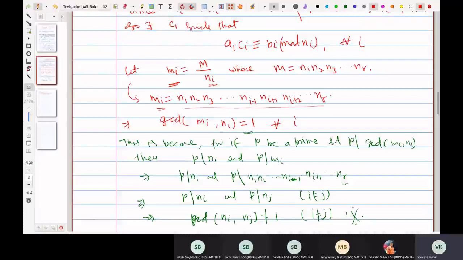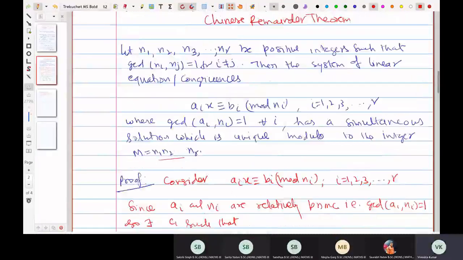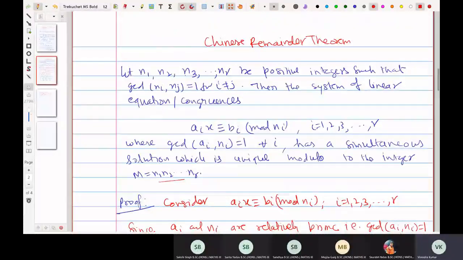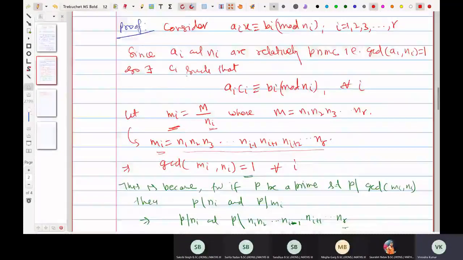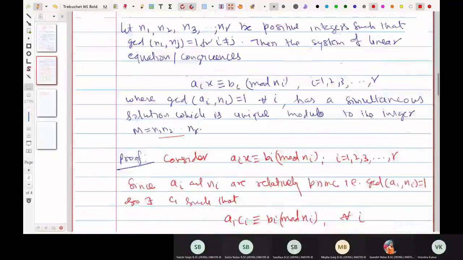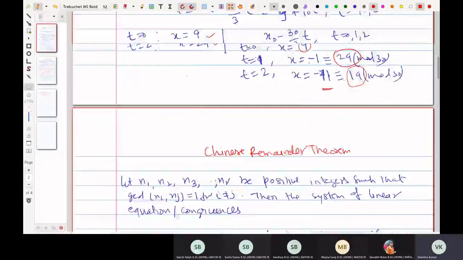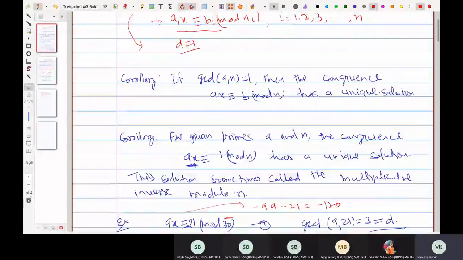For the inverse, we saw something earlier, the corollary: if a and n are relatively prime, then the congruence a x congruent to 1 modulo n has a unique solution.